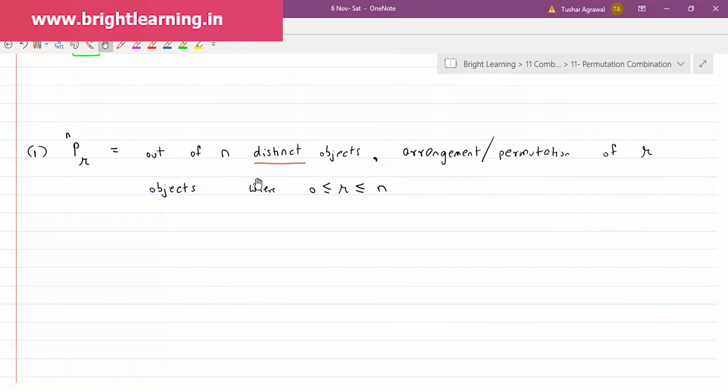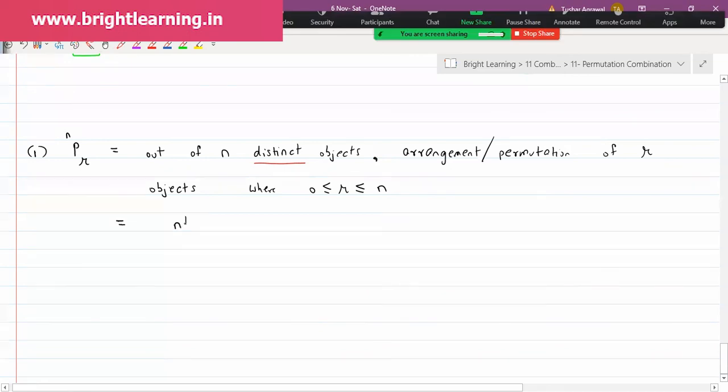The batting order means you have to choose the team also and you have to arrange them also. So this is the permutation question. The symbol for this question is NPR, and this value, which we will derive, turns out to be equal to n factorial divided by (n minus R) factorial.